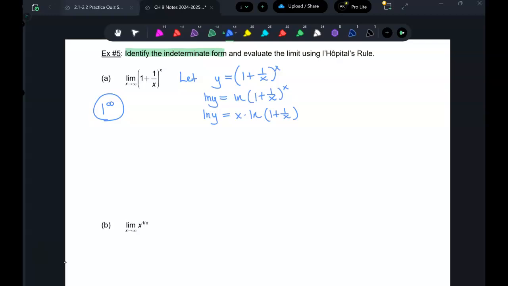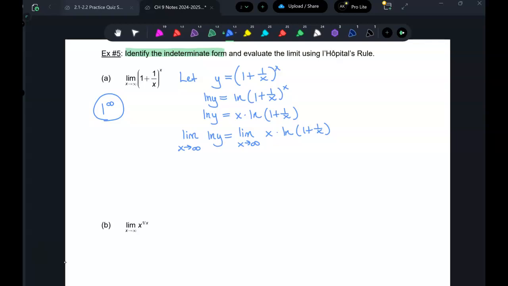First thing, I'm just going to throw that limit back in. On the right side, this is what we want to evaluate.